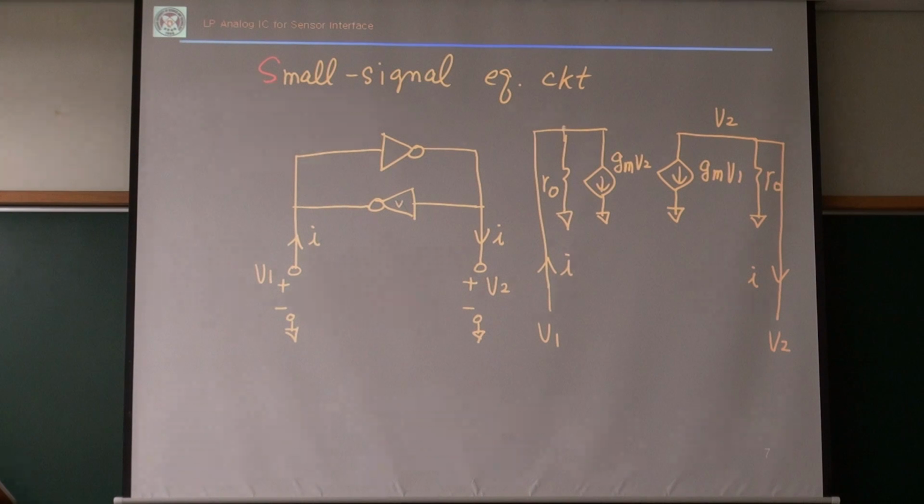Applying KCL at this node, my current I is gmV2 plus V1 divided by RO. Applying KCL at the other node, my I equals minus gmV1 minus V2 over RO.